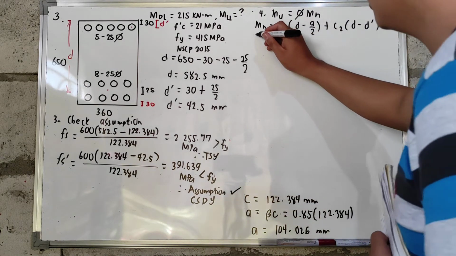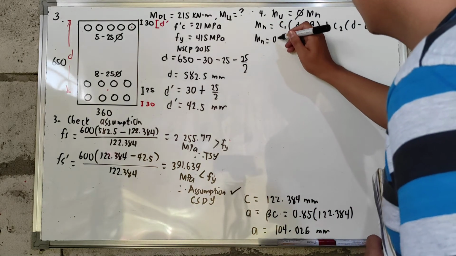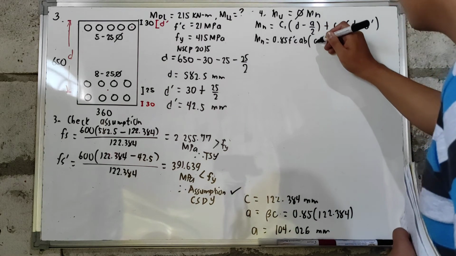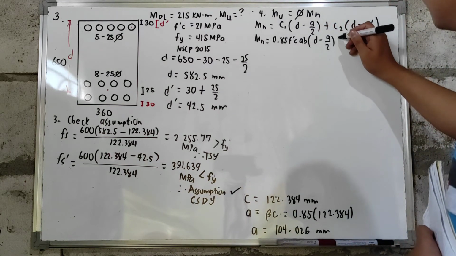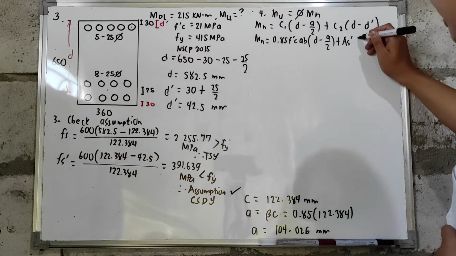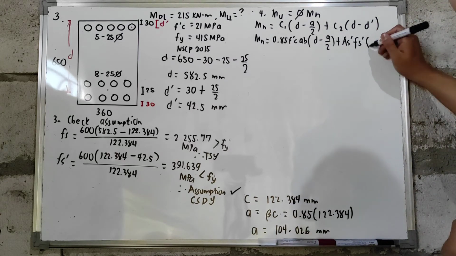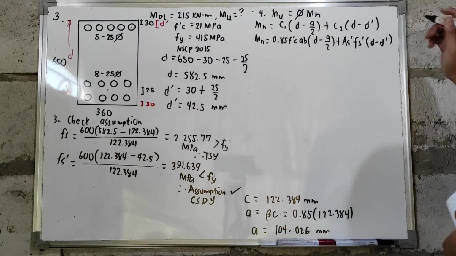So for this one, Mn is now equal to 0.85 F'c a b multiplied by D minus a over 2 plus As' Ngayon gagamitin na natin dito is Fs' na. Okay? Kasi nga hindi nag-yield yung bakal natin.